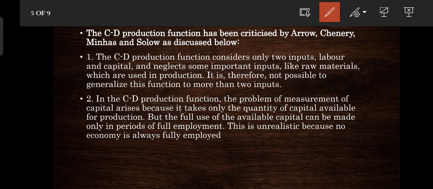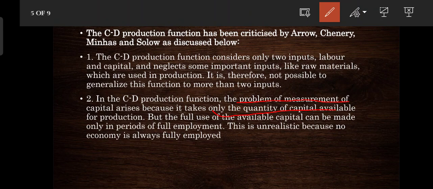And the second one, in the Cobb Douglas production function, the problem of measurement of capital arises. This is mainly because it takes only the quantity of capital available for production. But the full use of the available capital can be made only in periods of full employment. This is unrealistic because no economy is always fully employed.